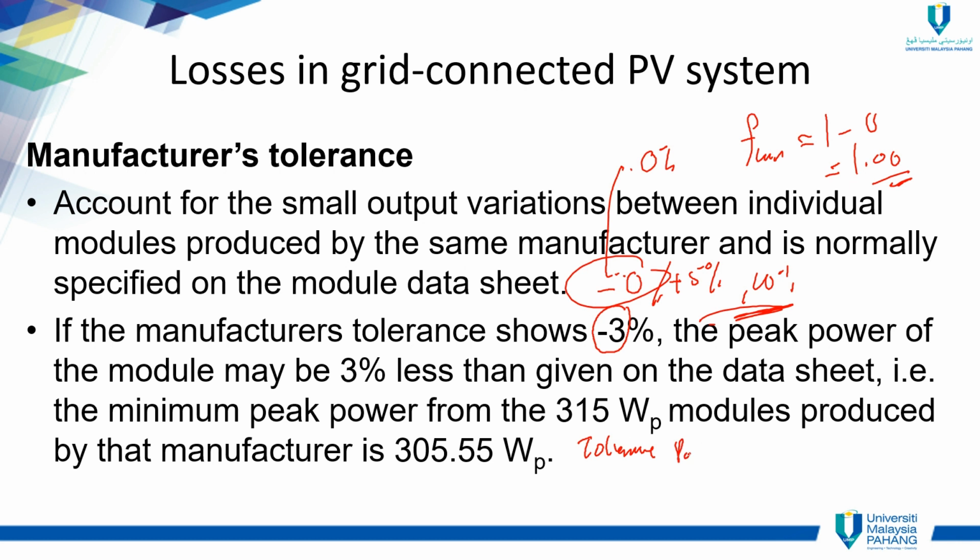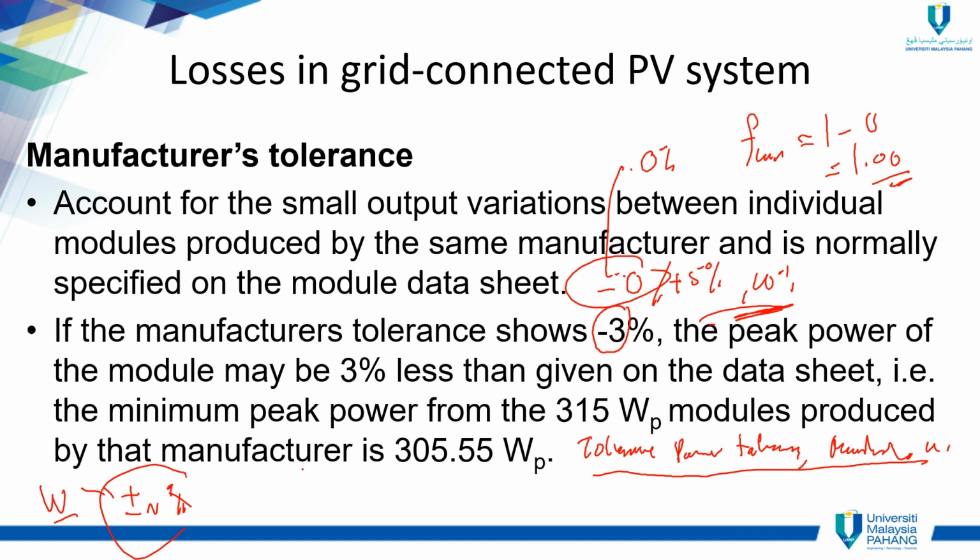Usually they said power tolerance, manufacturing tolerance, that wording is the clue. And if you see the plus minus percent, be aware of that, that is the meaning of the power tolerance, maybe, if near to the watt. Okay. What will happen if the value is not given?